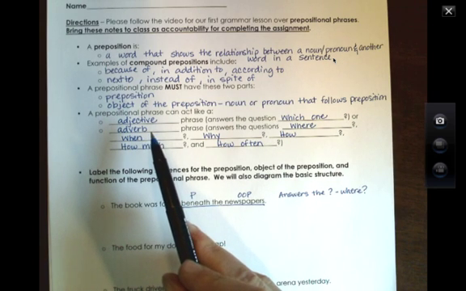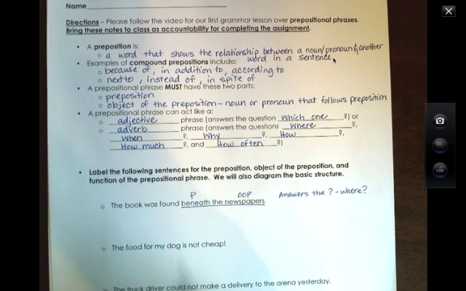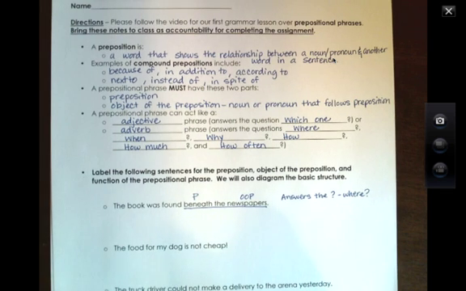So we know anything that acts like an adverb has to be diagrammed underneath our verb. So let's go through these sentences and let's label our subjects, let's label our verbs, and then we'll go through the diagramming.